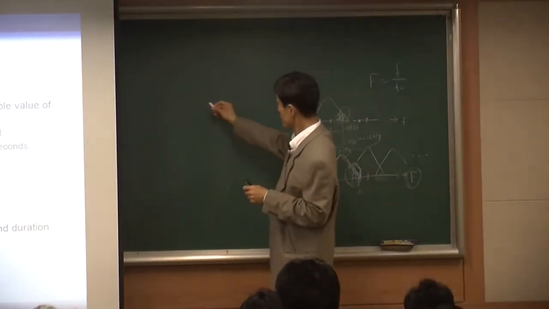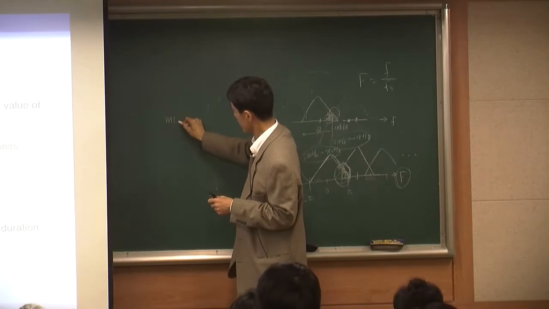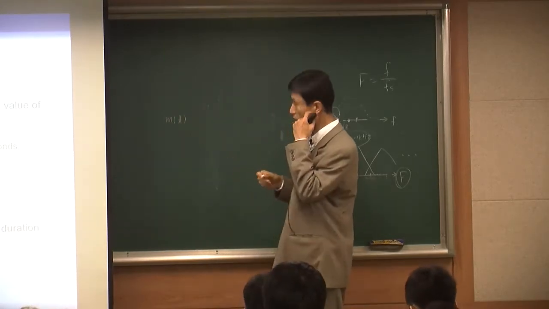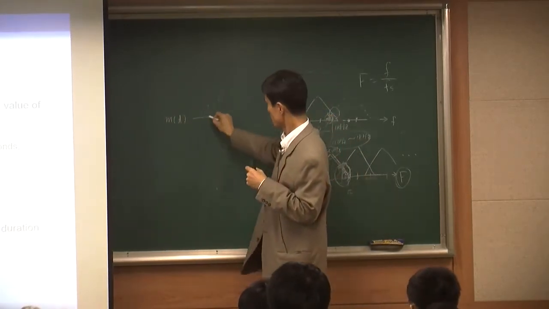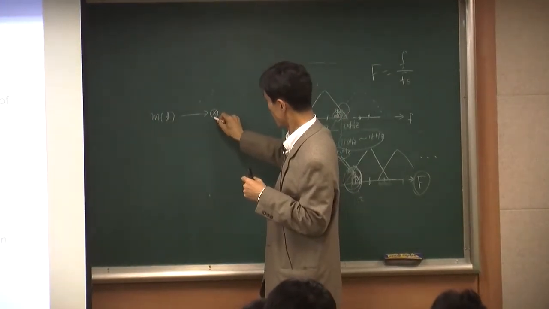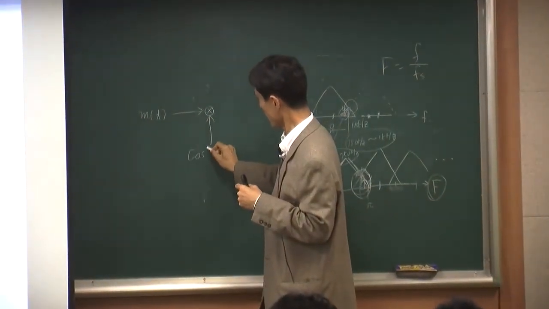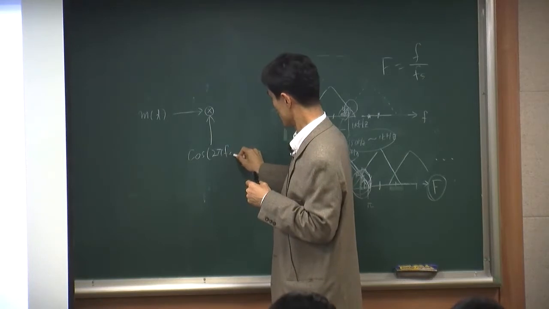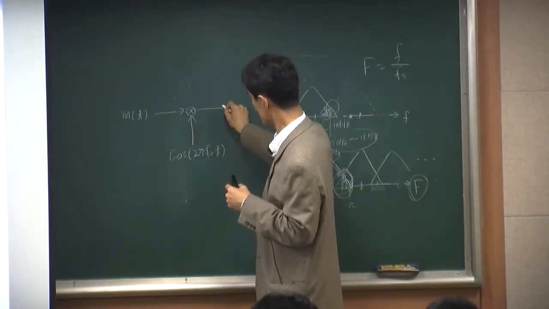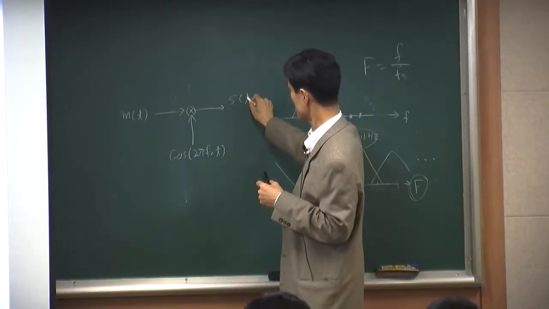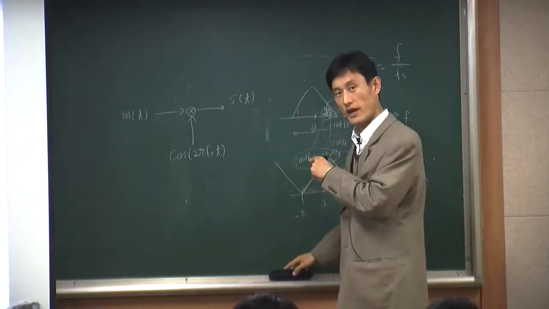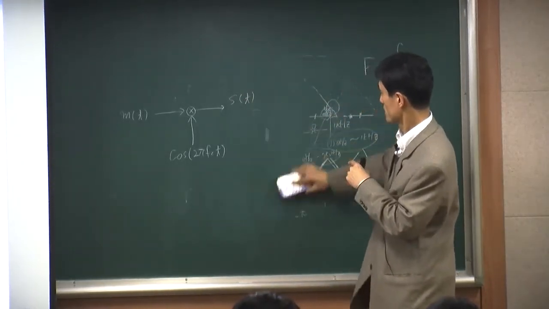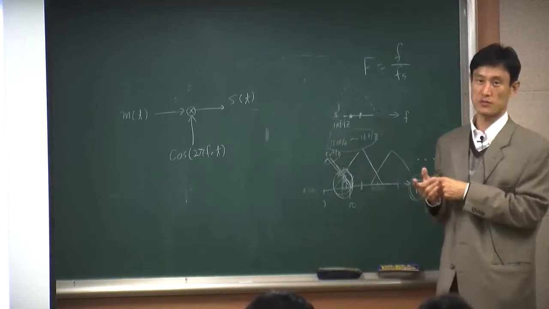In analog modulation, remember that we have m(t), our message signal, and then you multiply by a carrier, then you transmit it. That's your s(t). That was our analog modulation, simply amplitude modulation in this case.